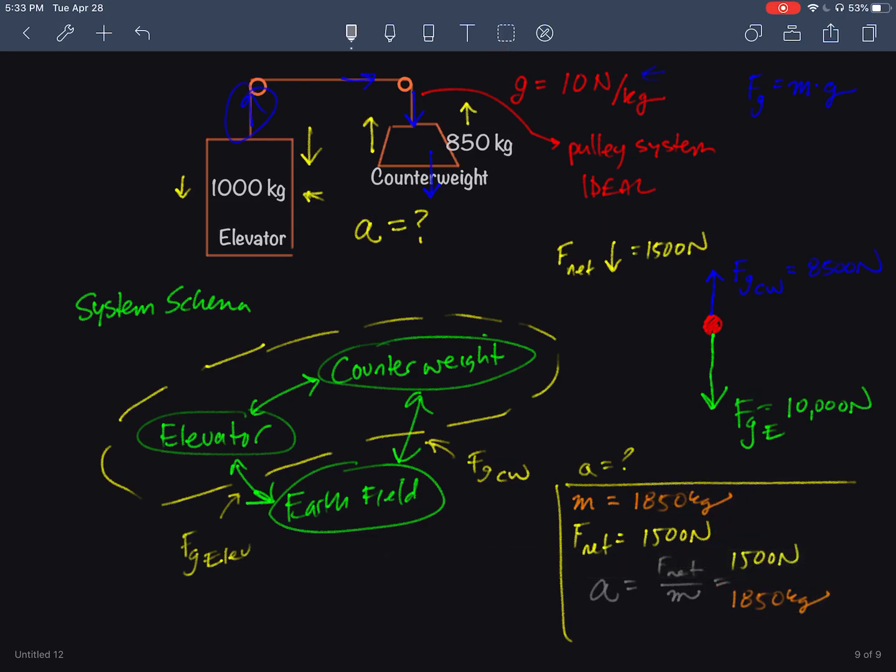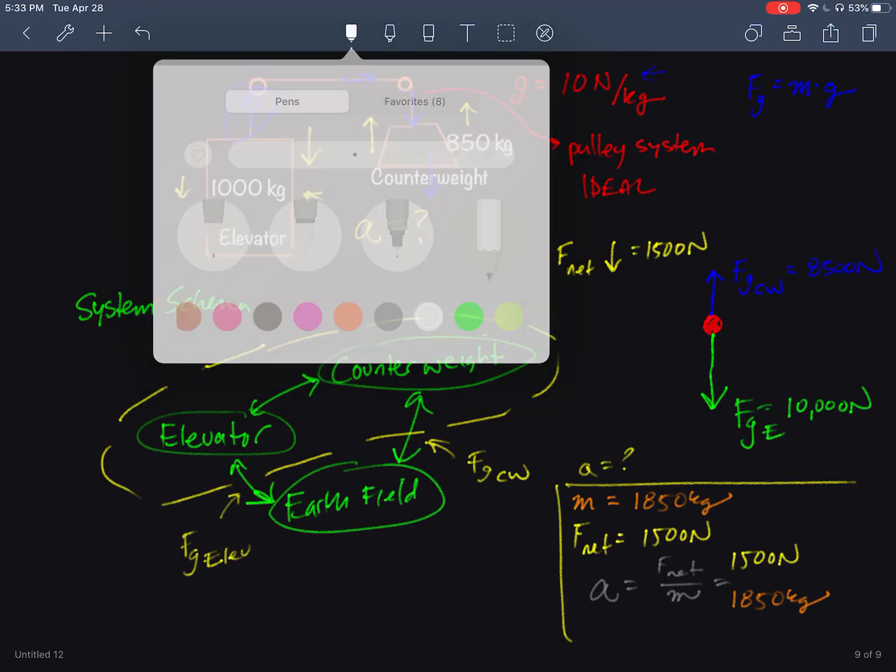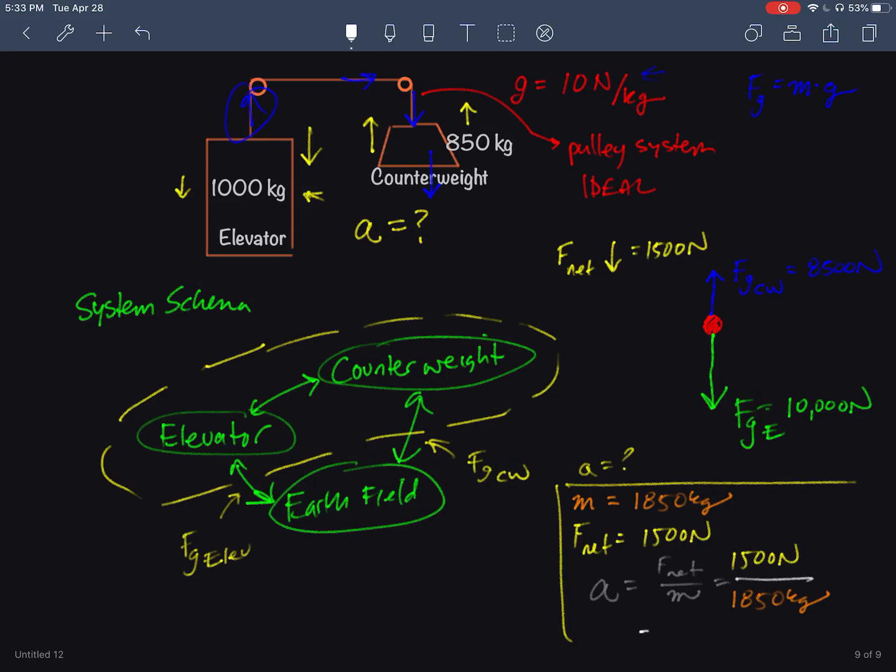Divide those two together, we get some crazy number, and our acceleration, rounded to 1 decimal, ends up being 0.8 meters per second squared. A newton divided by kilogram comes out to acceleration units, so I just know to change that to meters per second squared. And that's it. That means the elevator is going to accelerate downward at 0.8 meters per second squared. The counterweight is going to accelerate upwards at 0.8 meters per second squared. Cool beans. Thank you.